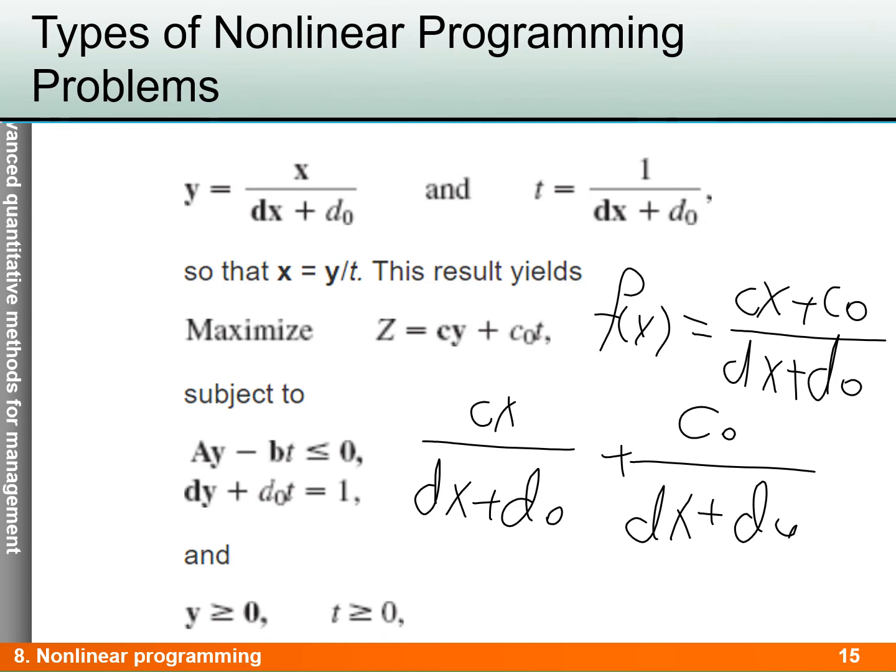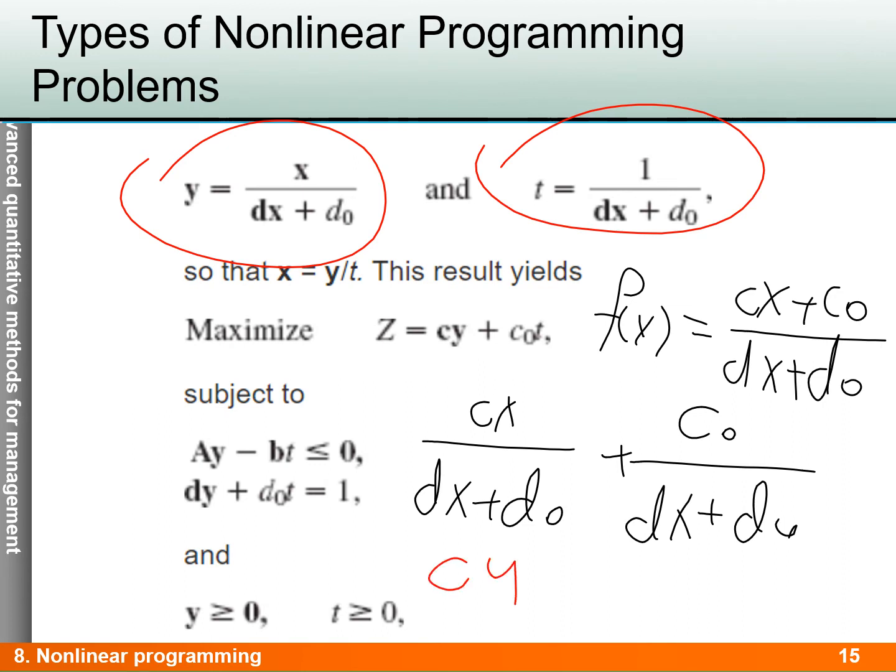Based on this definition that I have here and here, I can say that this one is my y, so c multiplied by y plus c0 multiplied by t. As you see here, easily I have an objective function that is linear: maximizing z, it's cy plus c0t.